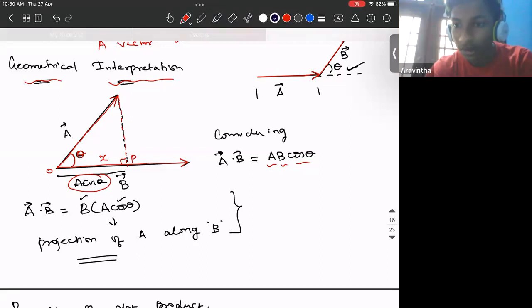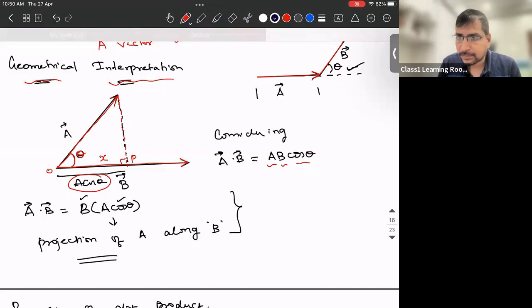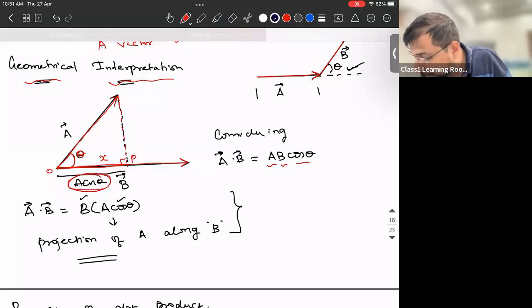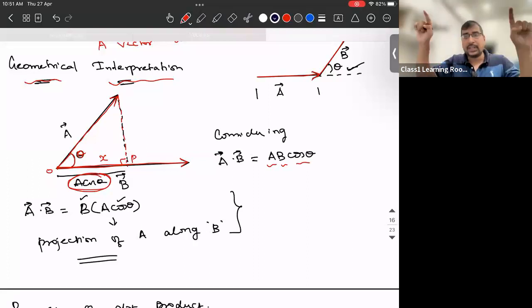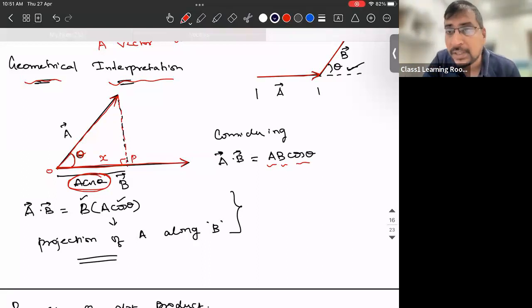Cos theta. X divided by A is cos theta, so X is A cos theta. It's something that we did in the parallelogram law of vectors. So this OP is a part of the B vector. B vector is big, OP is something like this. So A cos theta multiplied with the length of B is also going to be the output of the dot product of A vector and B vector.